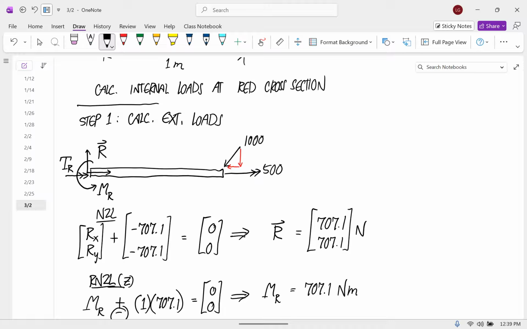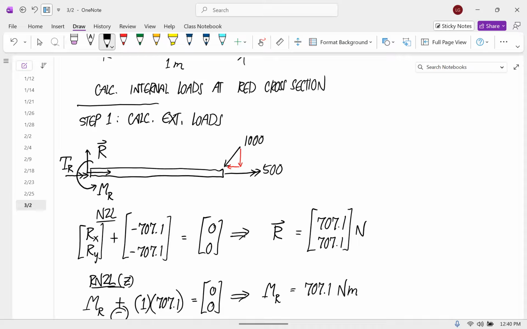What is TR? T is for torque, and R is for reaction. So the meaning of that reaction torque is a couple, use the right hand rule. It's a couple that's trying to keep it from twisting along this axis.